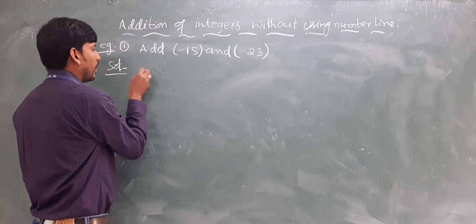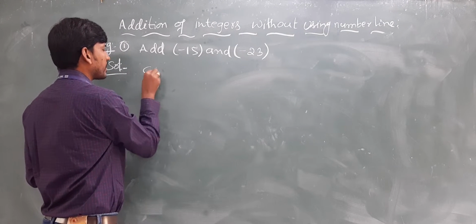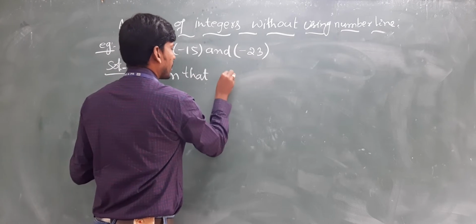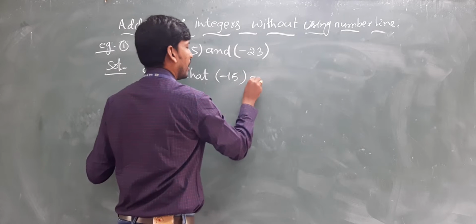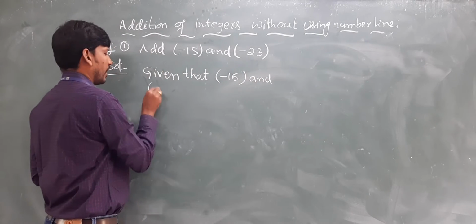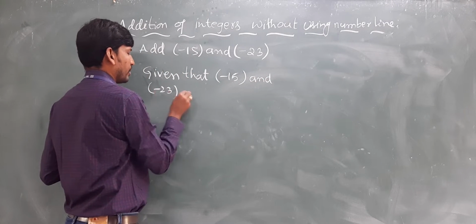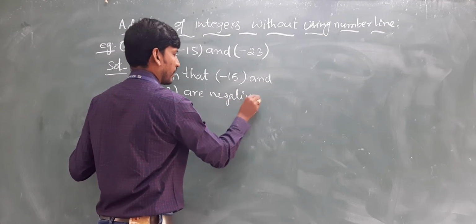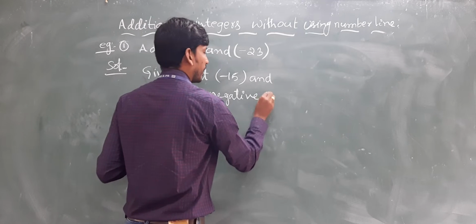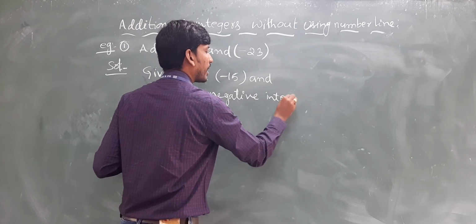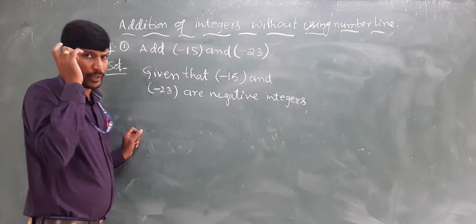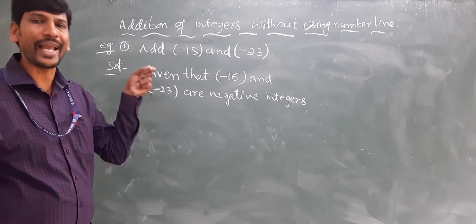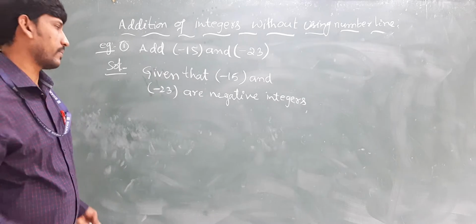So see this here. Just observe clearly. The given integers are -15 and -23, which are negative integers. If both are negative integers, keep it in mind always. You should add both, then keep the minus sign at the last. Okay.